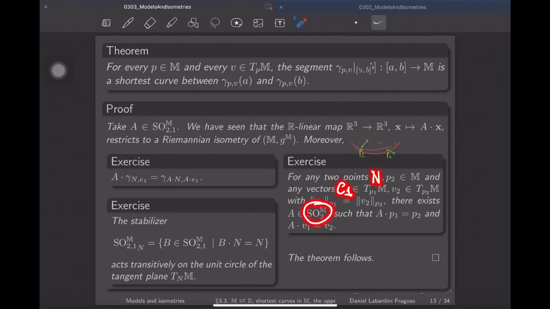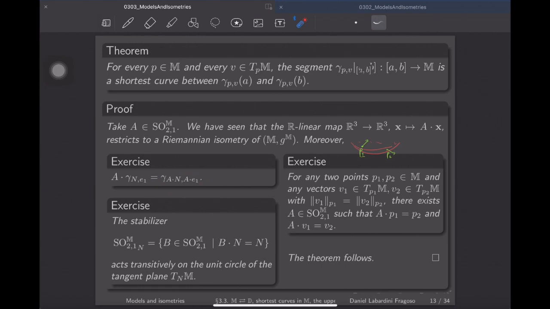I can map this pair to any point p2 with any unit tangent vector, right? And when I do that, and I apply A to the curve, I obtain precisely the corresponding candidate curve.